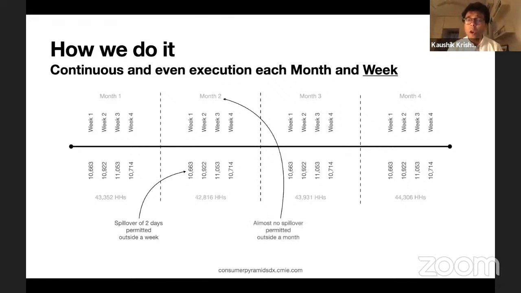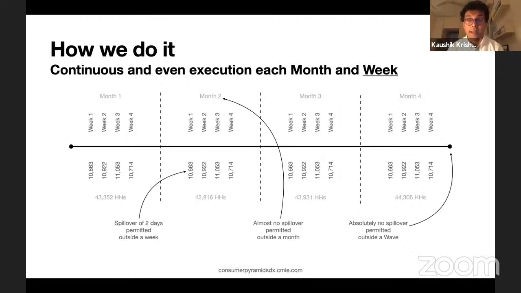We permit almost no spillover between months. So if a household was slotted to be surveyed in month slot 2, very, very, very rarely will a household be permitted to be surveyed in month slot 3. And we have an absolute hard rule. Between waves, there is no spillover permitted. So if you want to survey a household that should have been surveyed in December, in January, it just can't be done.